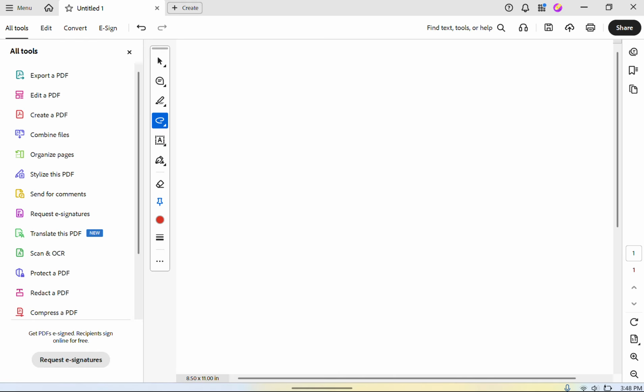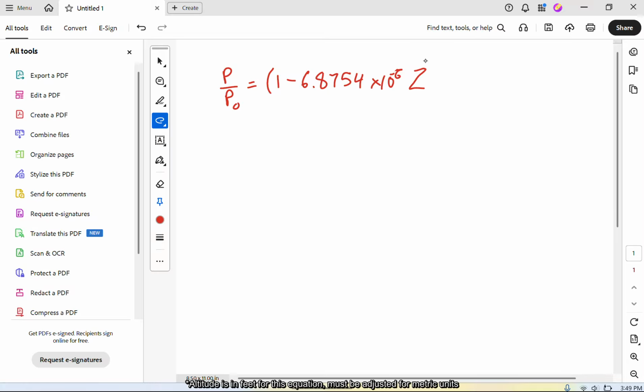So starting with our altitude adjustment equation, we have P over P0 is equal to 1 minus 6.8754 times 10 to the minus 6 times Z, Z being our altitude, to the power of 5.2559. Bit of an ugly equation, but obviously with a computer you can easily just program this in and determine your ratio.